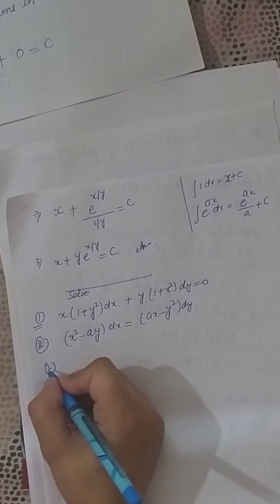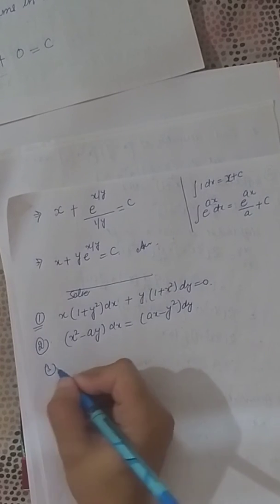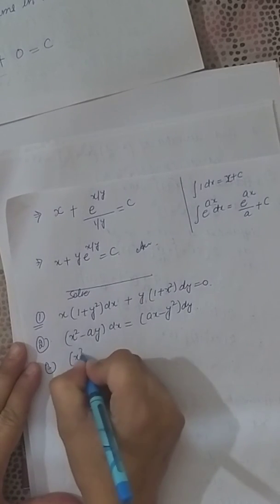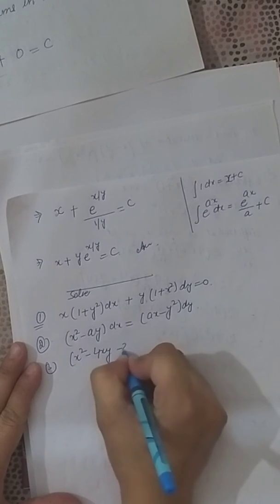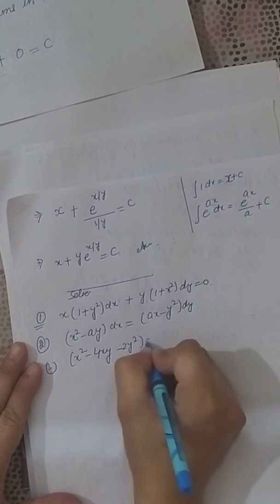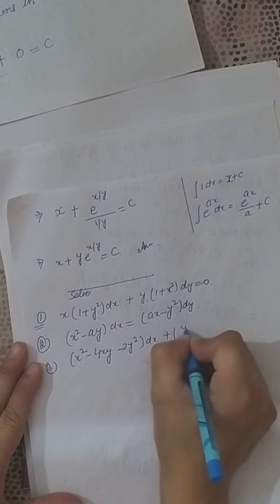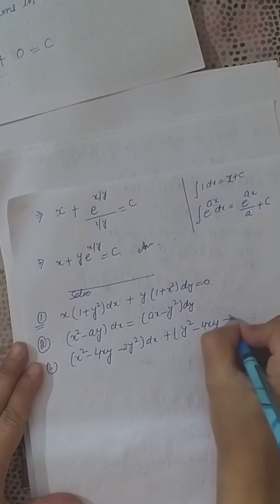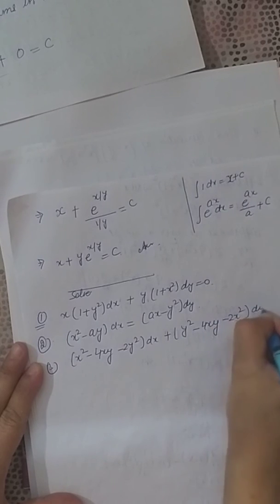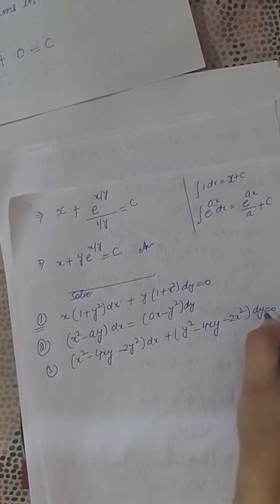Third one is (x square minus 4xy minus 2y square) dx plus (y square minus 4xy minus 2x square) dy equal to 0.